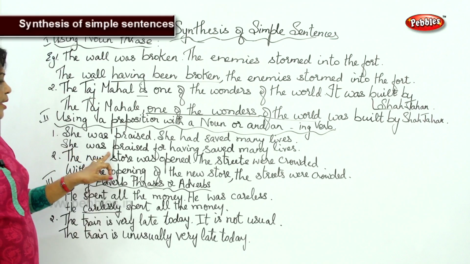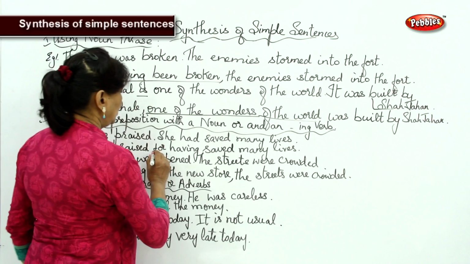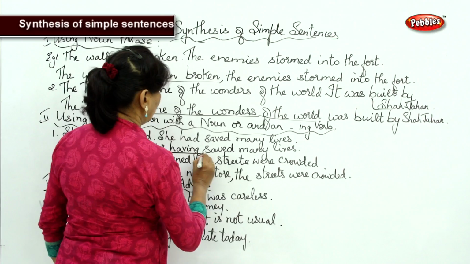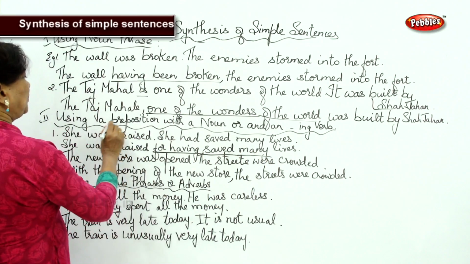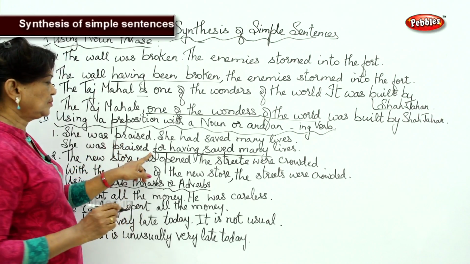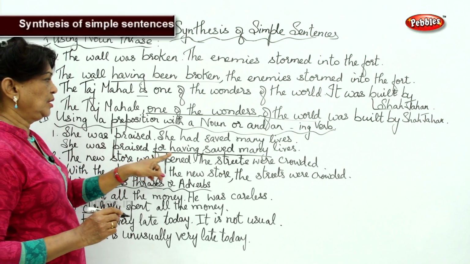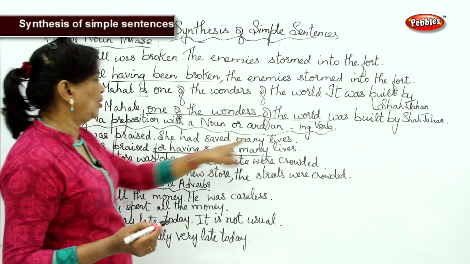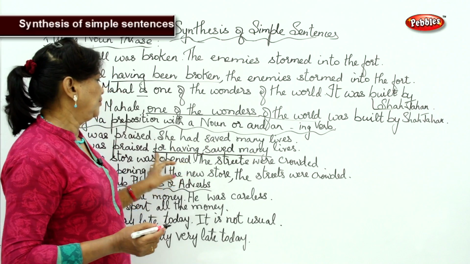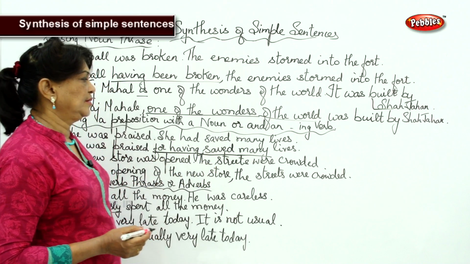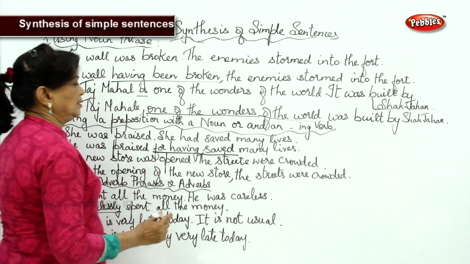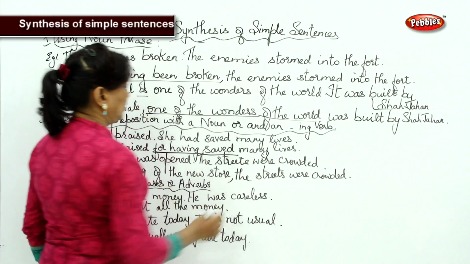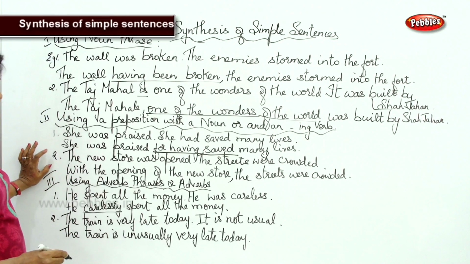She was praised for, for is a preposition, for having saved many lives. This should be using a preposition with a noun. See, for is a preposition with either a noun or with an ing verb. For having saved. Okay. So, you have understood this pattern.